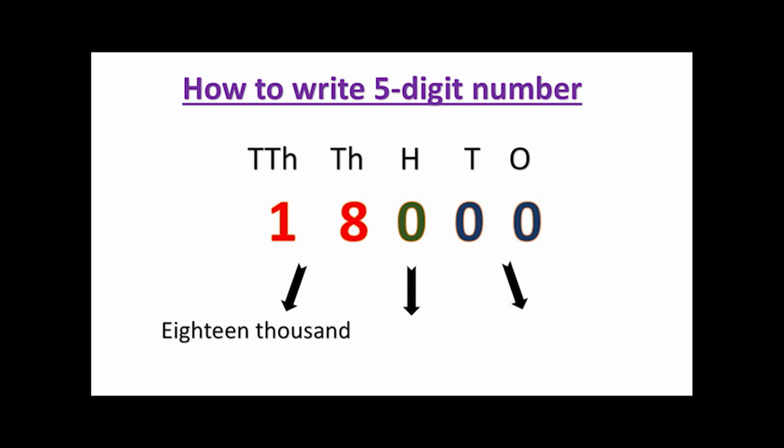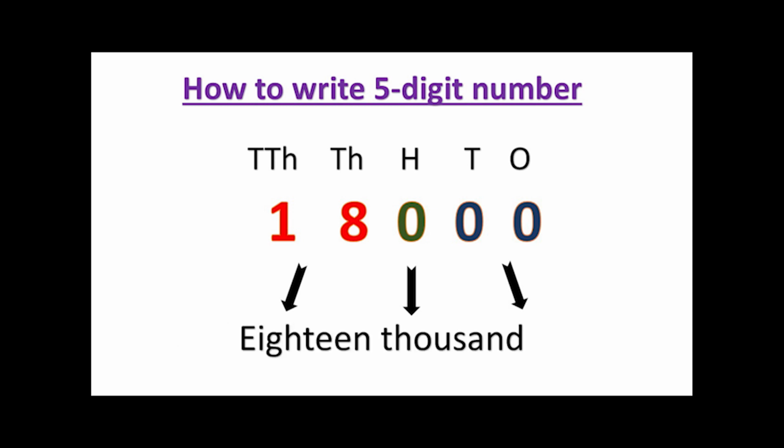Again, 00 gives us 0. So here again we don't write anything. So this number will be 18,000. We don't write 100 or 0 or any such things. So finally, the number name of this number is 18,000.